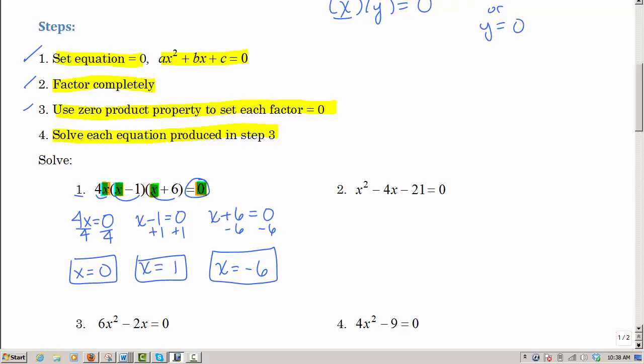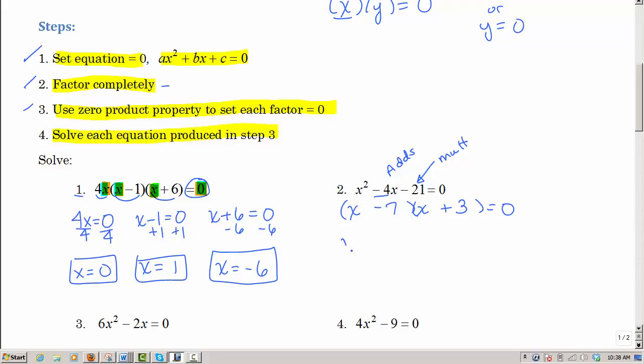Let's look at number 2. It's equal to 0, so it's in that standard form, but this time I have to factor it. So it's a trinomial with a leading coefficient of 1, so I know x times x. Remember, we want to know what multiplies to get -21, but adds to get -4: -7 and +3.